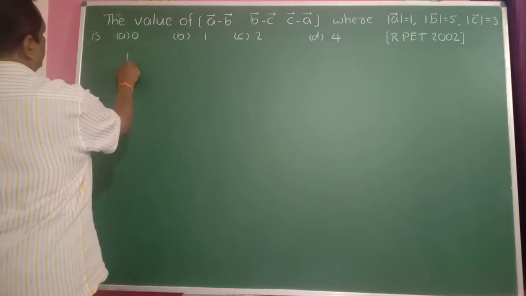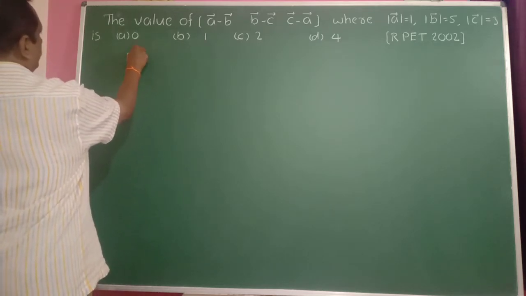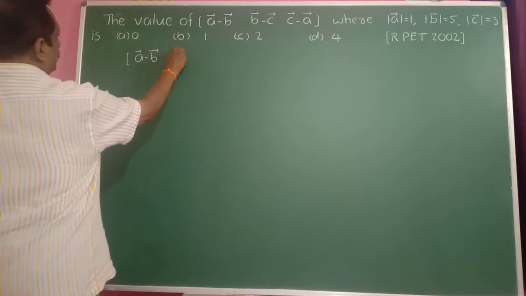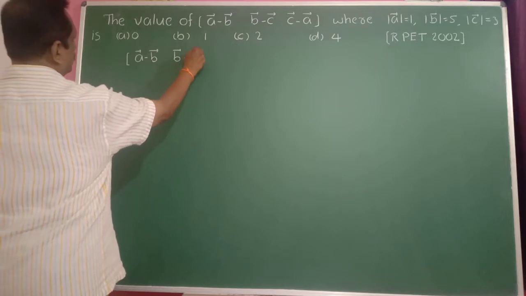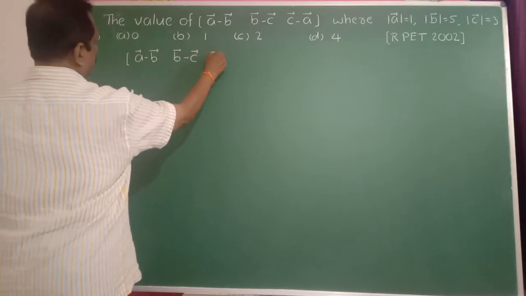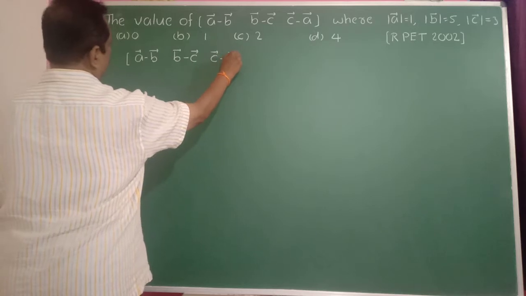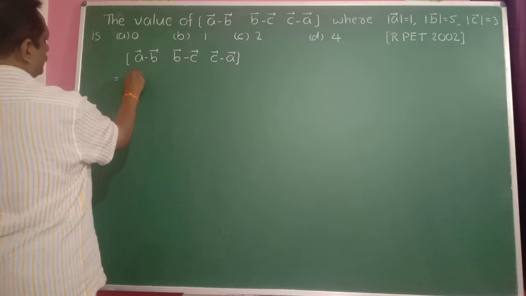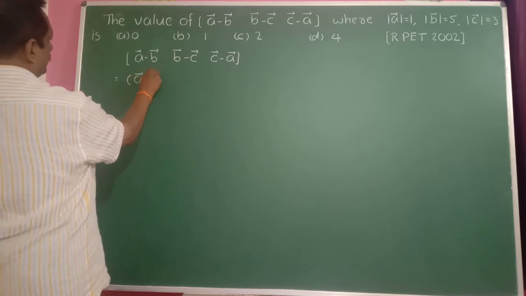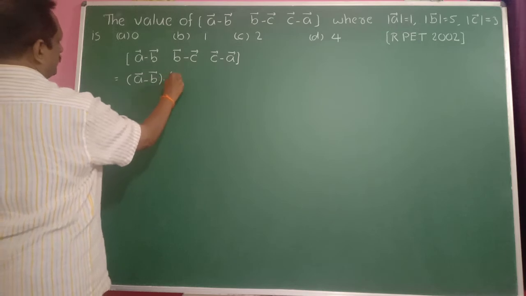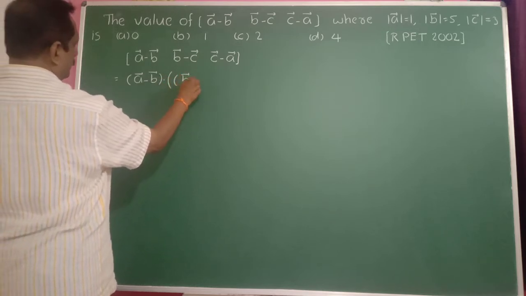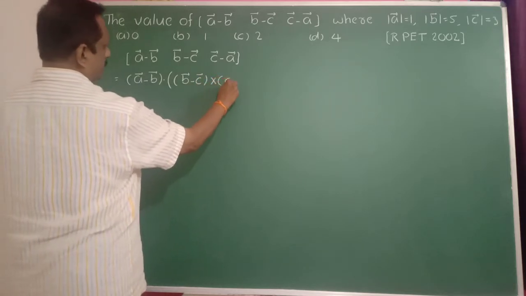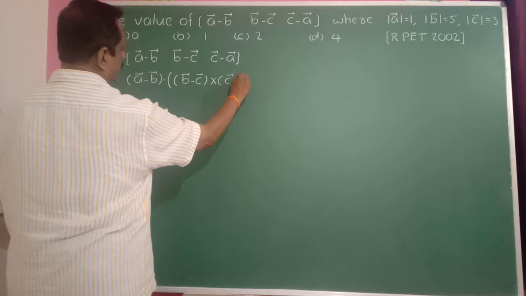We can write this as (a bar minus b bar) dot (b bar minus c bar) cross (c bar minus a bar).